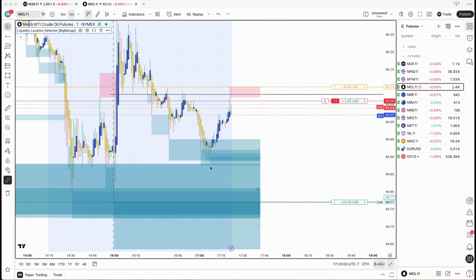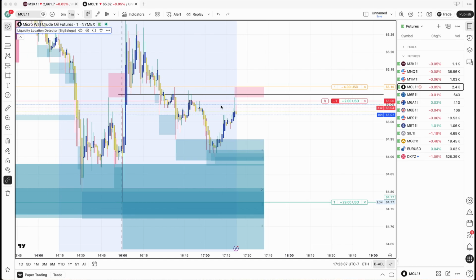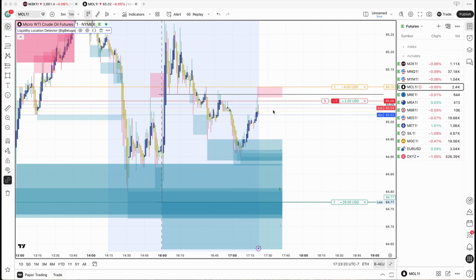So what has happened on our trade? Price snuck down to the liquidity level that my liquidity location detector indicated to me, and it came right back up to that range where we got in, and now we're looking at a $2 profit.